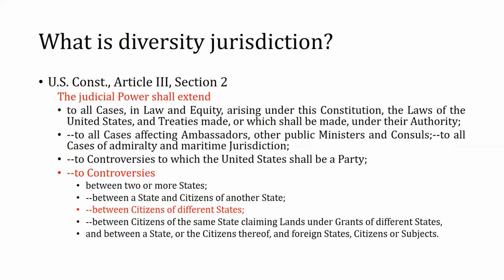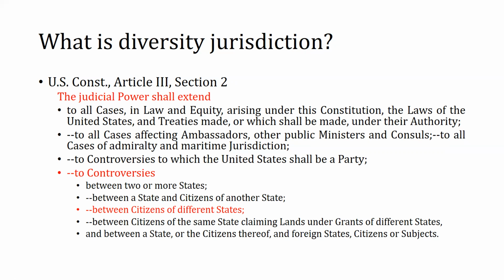Okay, so let's pause there for a moment and consider what we've learned so far. We know what the subject matter jurisdiction of federal courts is. We've learned who identifies and defines the federal court's subject matter jurisdiction. We know that the authority to do that comes from Article 3 of the Constitution, and the answer is it's Congress who does that defining.